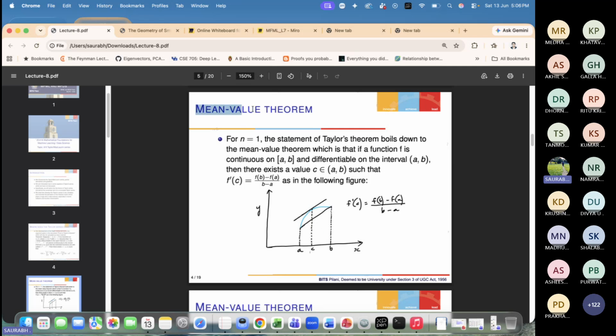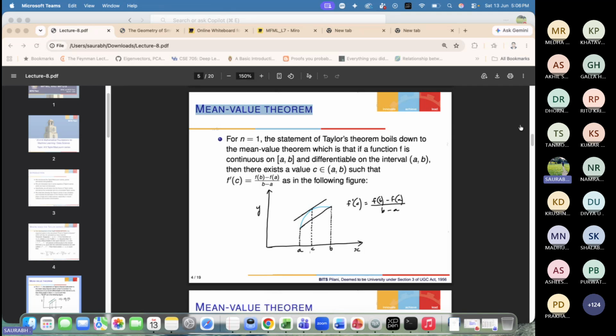But if you did your 12th around the same time, this was there in all the school syllabi, in ICSE and CBSE, and it was also one of the important topics in JEE exams. So the mean value theorem is really important. This is where we'll start. I don't know how many of you got the intuition of it, but it is what we use to derive the Taylor series. Okay, should we start? Good.